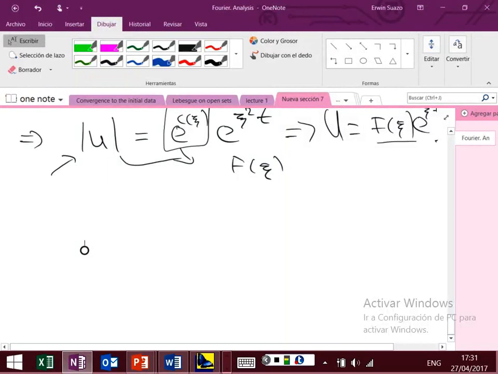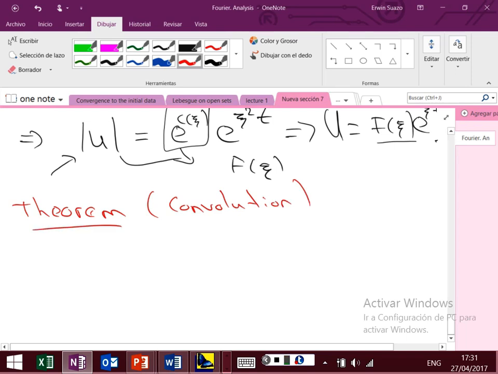Maybe I don't have time to do the proof, but we're just going to use them. As I said, today we are just engineers. So the theorem of convolution and Fourier transform.